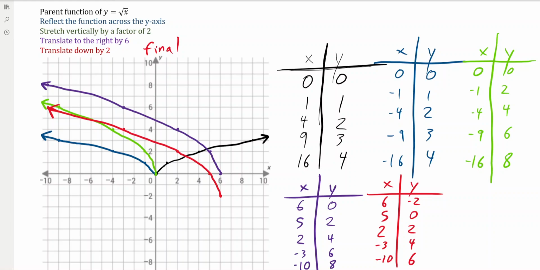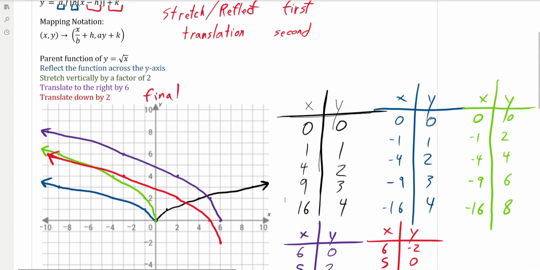Okay, so this is pretty fun. Hopefully you all feel that way. It's super fun. What about trying mapping notation? So if we use these values, can we find the values of b, h, a, and k? So let's just see here. If it reflects across the y-axis, that is an x value that's changing, so b is negative 1.